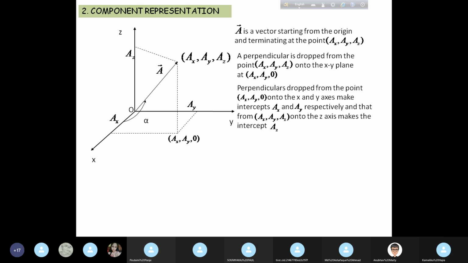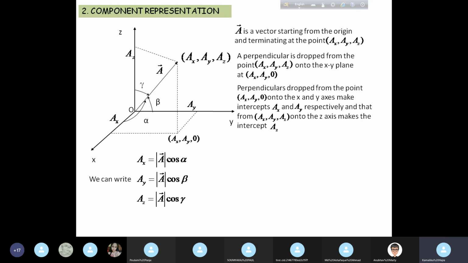Now let the vector A make an angle alpha with the x-axis, angle beta with the y-axis, and angle gamma with the z-axis. So just as I told you, the vector A is arbitrarily directed in space so that at this particular orientation, the angles that it makes with the three coordinate axes are alpha, beta, and gamma. Okay.